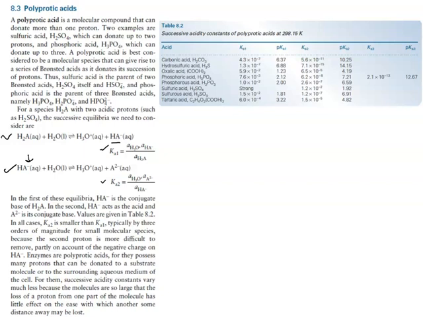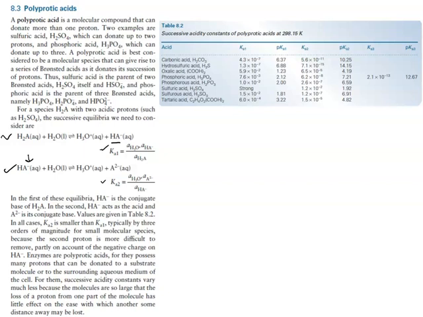And the values for Ka are given in Table 8.2 for a variety of polyprotic acids. In all cases, like I mentioned earlier, Ka2 is smaller than Ka1, typically by 3 orders of magnitude for small molecular species, because the second proton is more difficult to remove, partly on account of the negative charge of the conjugate base. Enzymes are polyprotic acids, for they possess many protons that can be donated to a substrate molecule or to a surrounding aqueous medium of the cells.